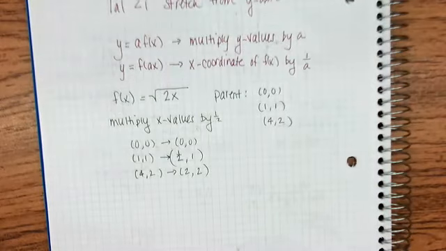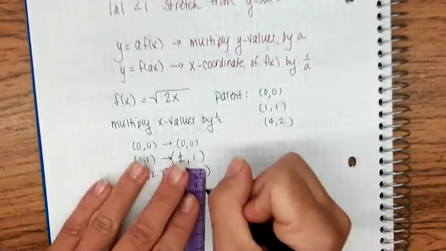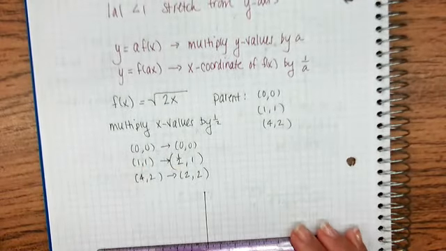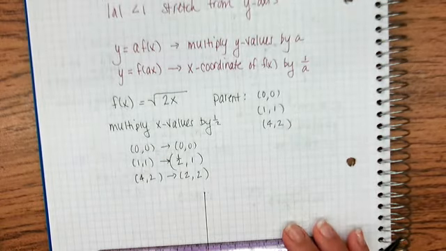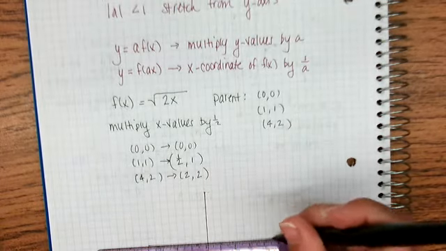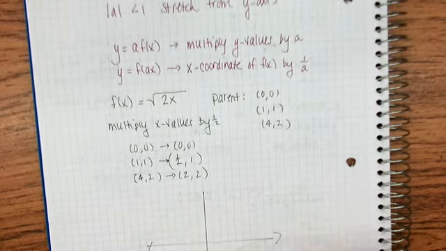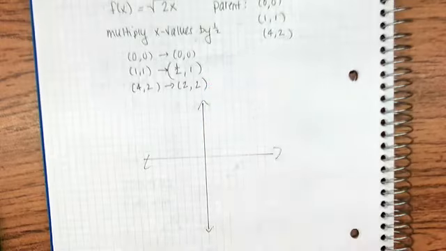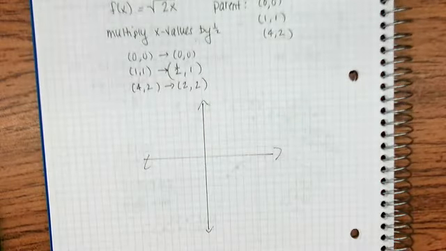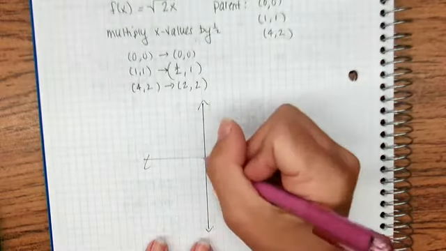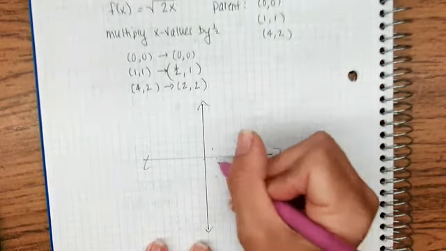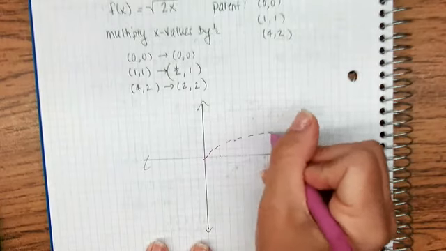So this graph compared to the parent, the stretch and compression is going to look a little bit different. It's not very clean and neat. All right, I'm going to sketch the parent in just with the dotted line: 0, 0, 1, 1, 4, 2.